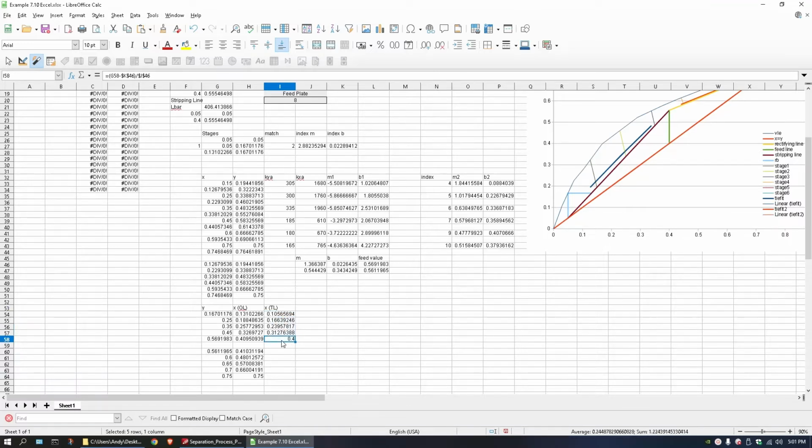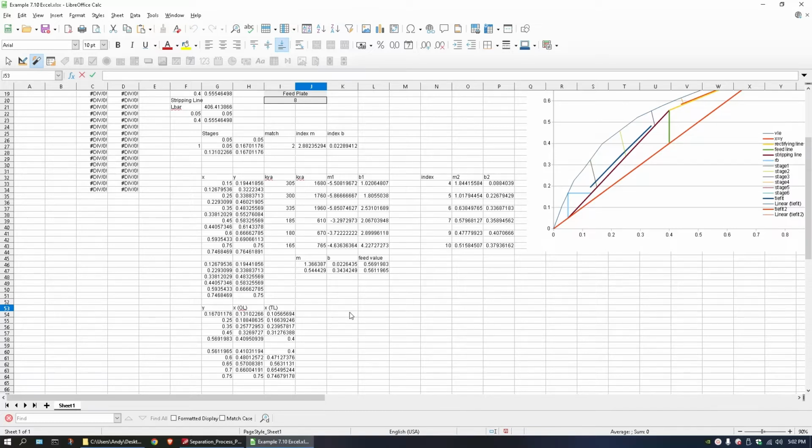Okay, so I'm also going to do that here, except instead of our stripping section, we're going to use our rectifying section slope, and calculate out our x for our tie lines.